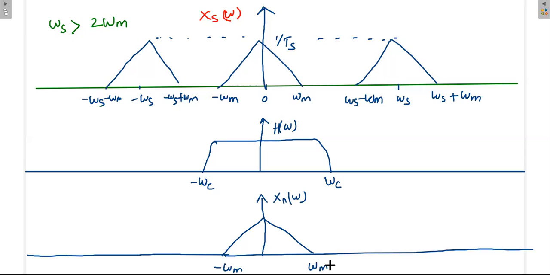So we have to choose the cutoff frequency of the low pass filter such that it is greater than omega m and less than omega s minus omega m. So what is the main condition here? The cutoff frequency of a low pass filter has to be greater than omega m but less than omega s minus omega m. Then only can we properly recover back our original spectrum. So this is the main condition.